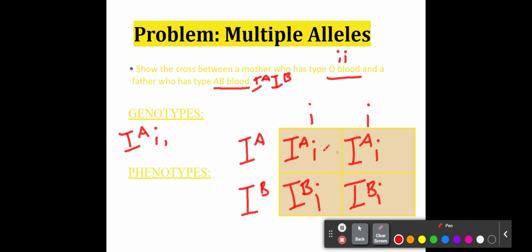So that's our one option. And then our second option is going to be the same thing, just with a superscript of B. And then our phenotypes, because the dominant allele is going to overpower the recessive allele, our offspring from this could either have A blood or they could have B blood.